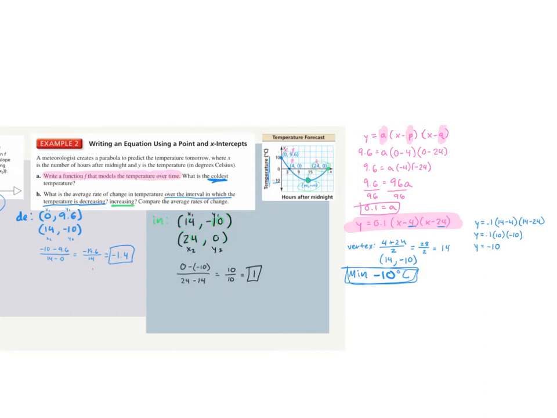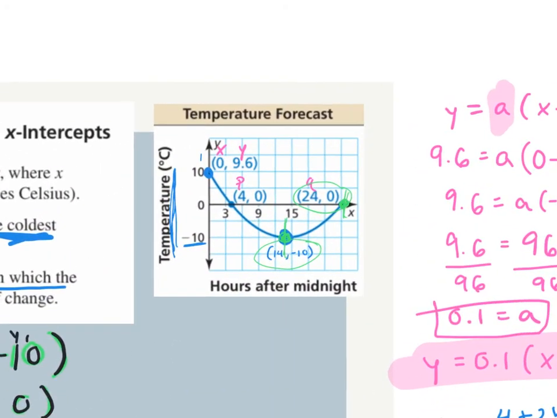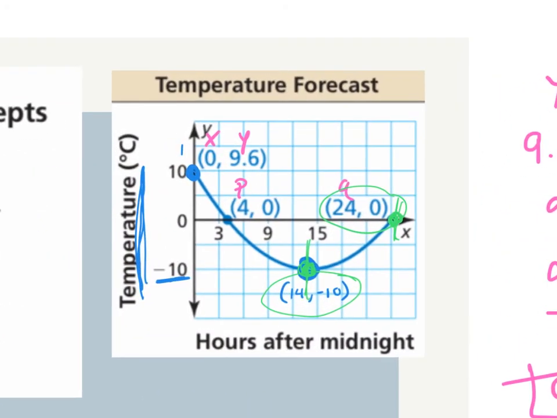Any questions? If our y-intercept changed, it would now be, they said 4.8, so it would now be here, so then our graph would go here.